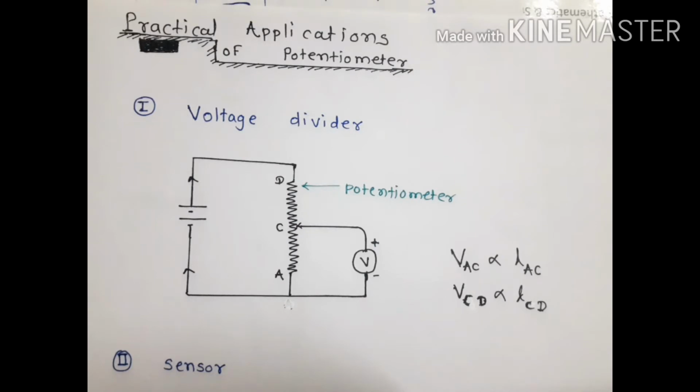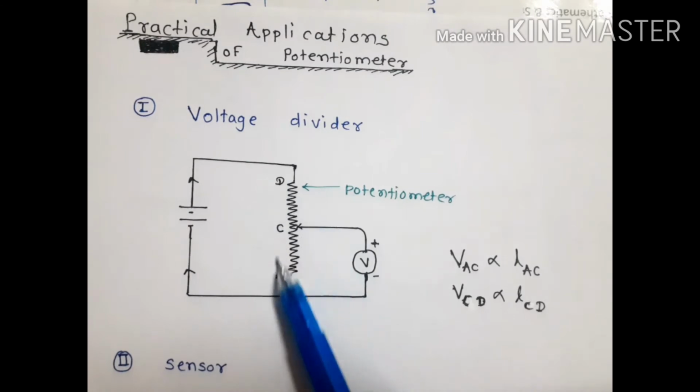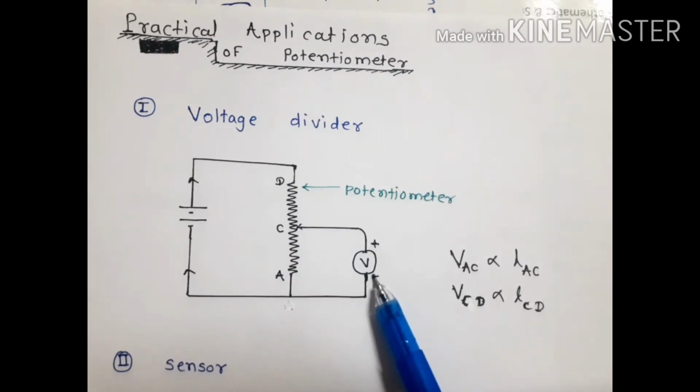As the length of a segment on the potentiometer wire goes on increasing, the potential drop across that particular segment also increases. In this way, the potentiometer can be used as a voltage divider. See in this circuit diagram, this is the potentiometer wire, and this is the voltmeter.